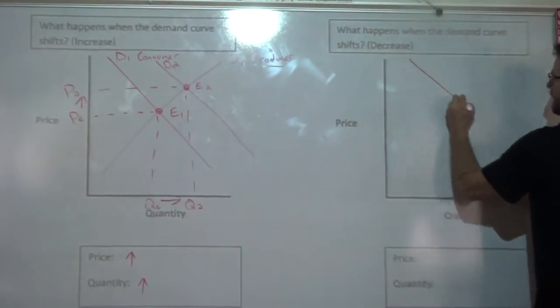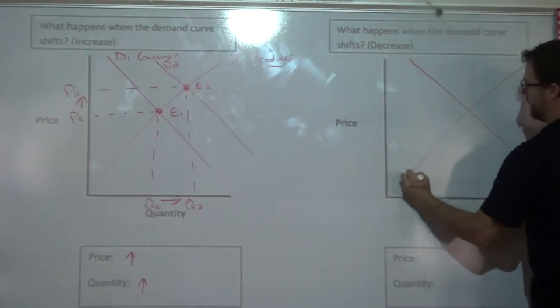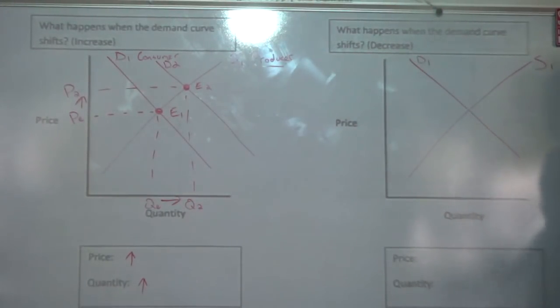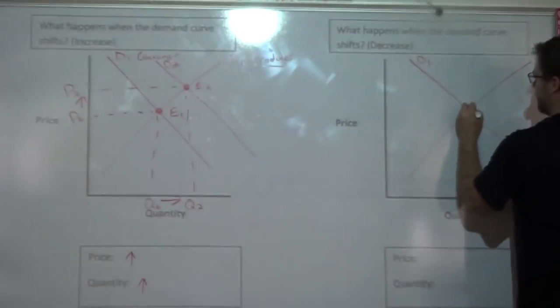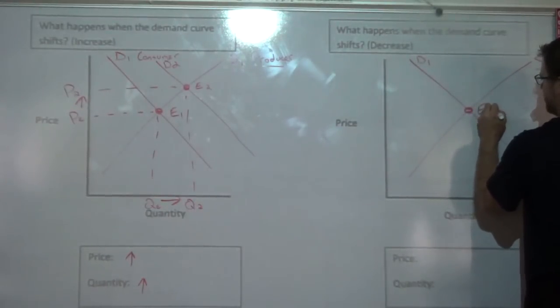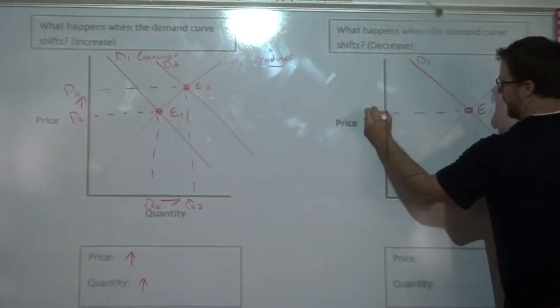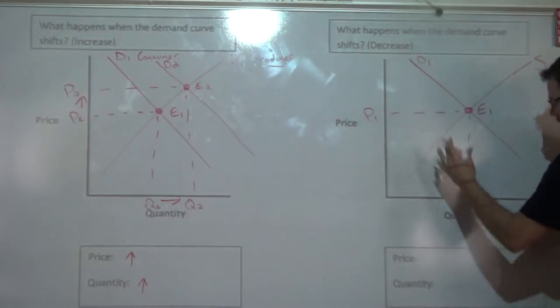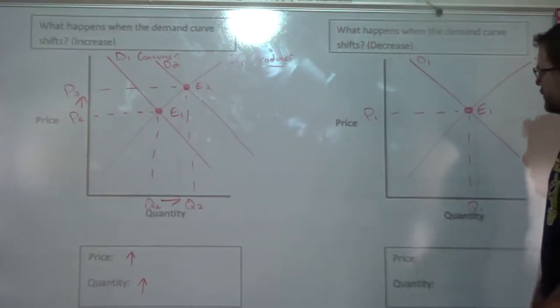Again, same thing. Each one of these will start off the same way. We'll have a demand curve, D1, supply curve, S1. We're going to have an equilibrium point. Bring this point out. We have P1 and Q1, or QE and PE. Doesn't really matter what you write down.